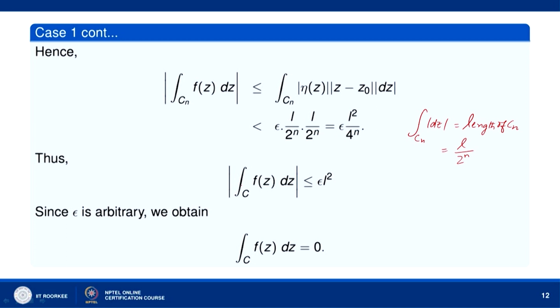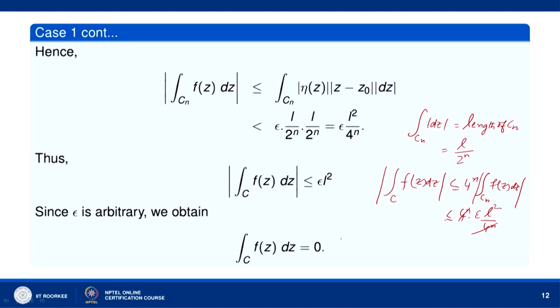Now, mod of integral over C f z dz is found to be less than or equal to 4 to the power n into mod of integral over Cn f z dz. And this is less than or equal to 4 to the power n into epsilon L square by 4 to the power n.